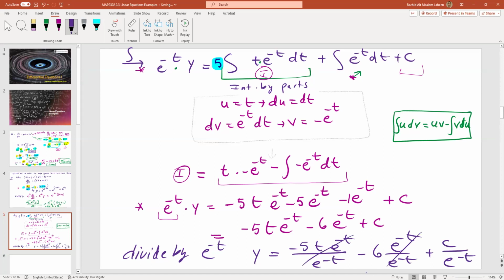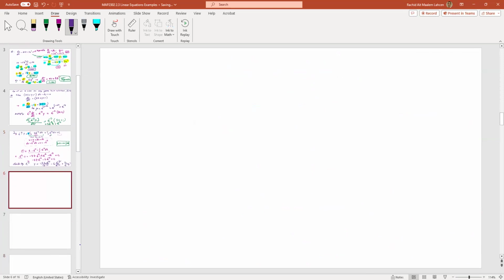Simplify, simplify. And this we can leave it here, or it comes here and becomes positive. Okay. So y, the general solution, is negative 5t minus 6 plus c. Yes. We can do whichever.